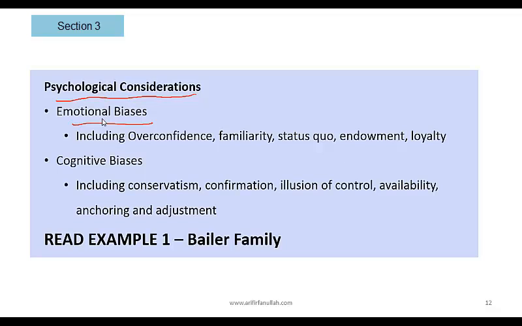That means that readings 7, 8 and 9 are fully applicable here. So whatever bias we have studied, whether it is overconfidence, familiarity, status quo, endowment, or loyalty, you'll see new names as well, essentially multiples or derivations of the old names, but important to remember both.